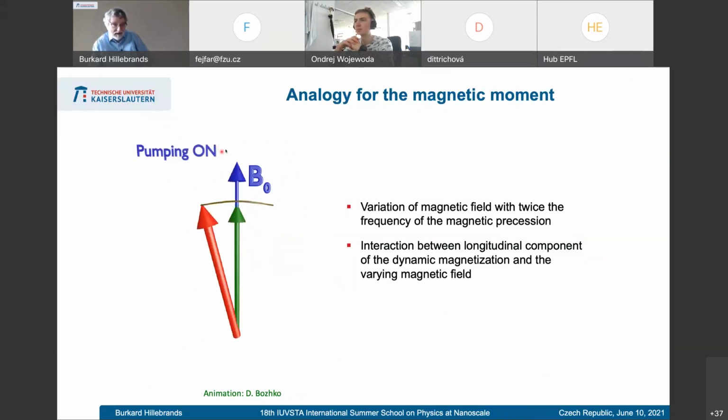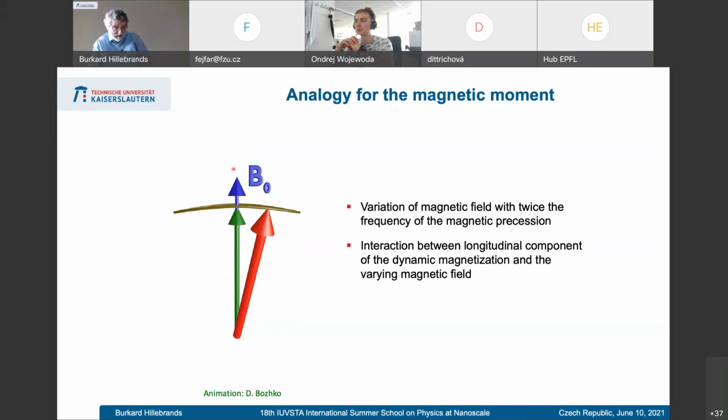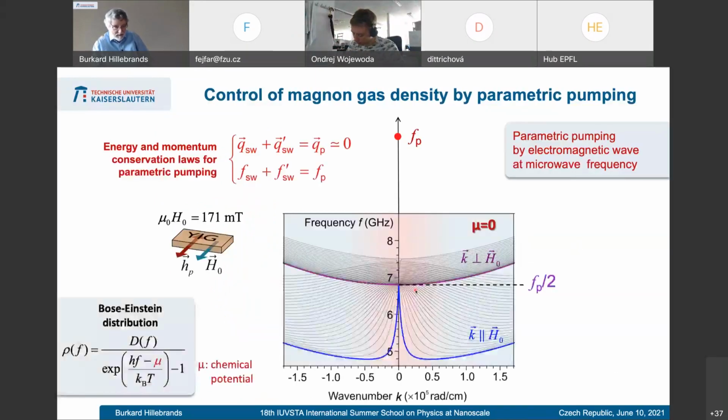Now we use parametric pumping by simply applying an RF field with exactly the same frequency by which this was moving up and down. In this way we can couple to it, and we can amplify the precession amplitude, like you have seen before. So that is the idea behind parametric generation. It works remarkably well.